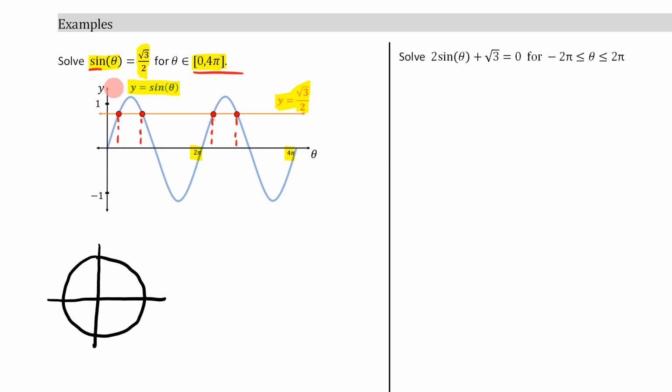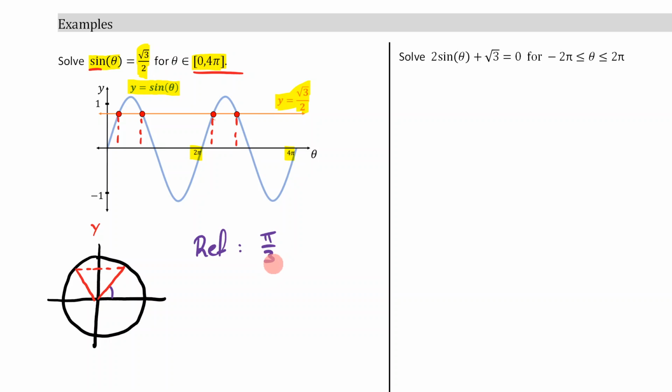Then I'm saying, well, I'm dealing with sine, so I've got y, and then I've got the square root of 3 on 2, and I know that's my biggest possible value. So it's going to be somewhere up here, right? So sine of what value? What would the angle have to be to give me the biggest one out? And the reference angle is going to have to be pi on 3.